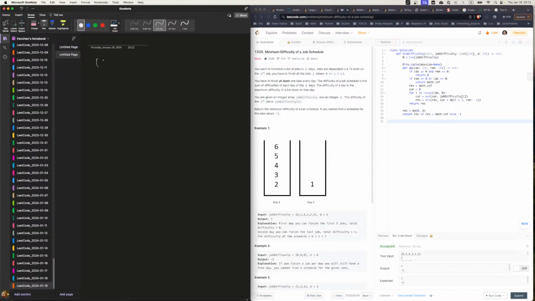Right, we have, again, 6, 5, 4, 3, 2, 1. If we do bottom up, what we want to know is the same thing, right? It's dp[i][j], from i towards the end with j days left.